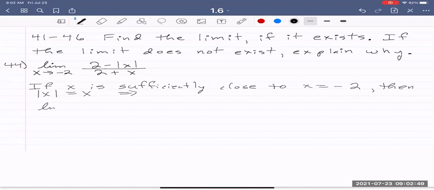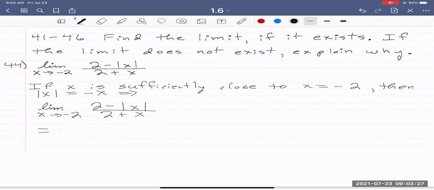And so the limit as x approaches negative 2 of 2 minus absolute value of x. I'm sorry, I wrote it incorrectly. The absolute value of x is equal to negative x. If you plug in like a negative 1, the absolute value of negative 1 is 1. So it's the opposite of negative 1. So it's a minus x divided by 2 plus x.